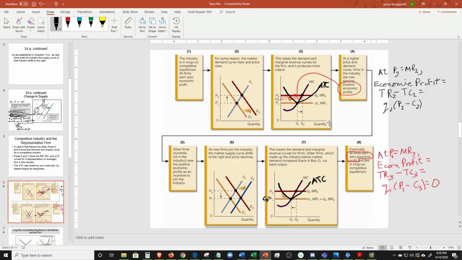But still, what I'm talking about are the panels for the industry as a whole, these supply and demand curves. The supply is the addition of all the individual firms. These panels 3 and 7 are the representative firm's panel, where this is just one average firm out of the whole industry and how it's impacted.